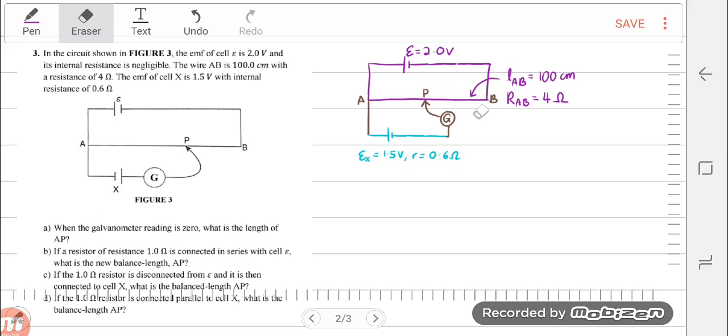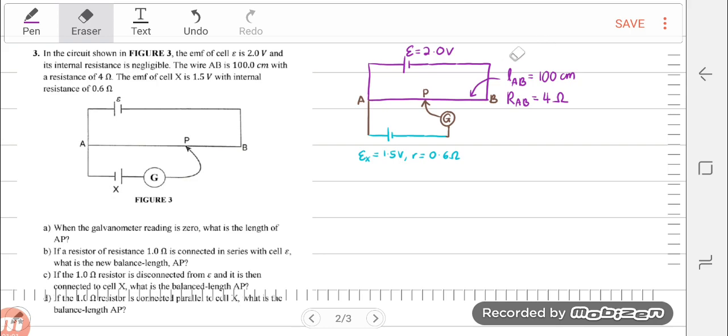So basically, I've written here that the purple color is the upper circuit and the blue color is the lower circuit.